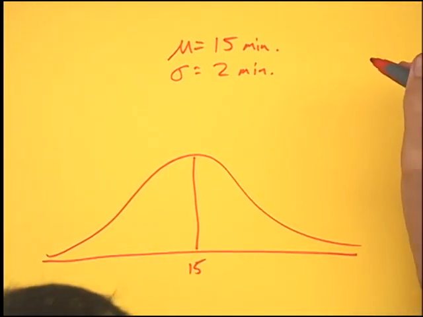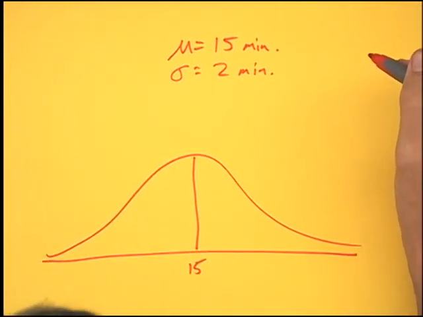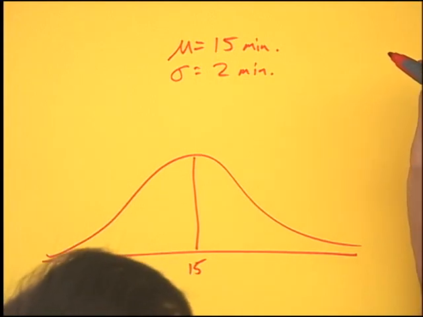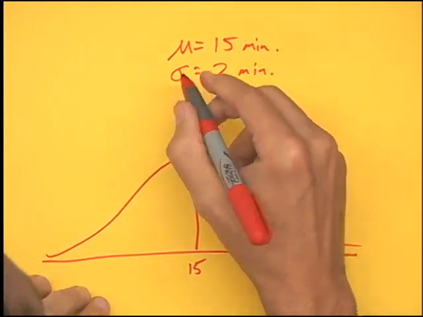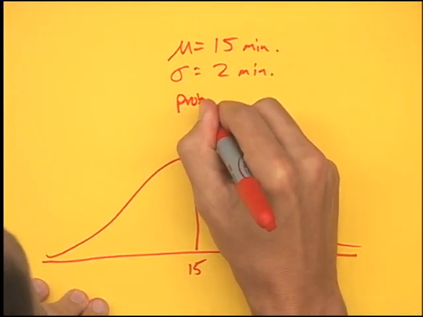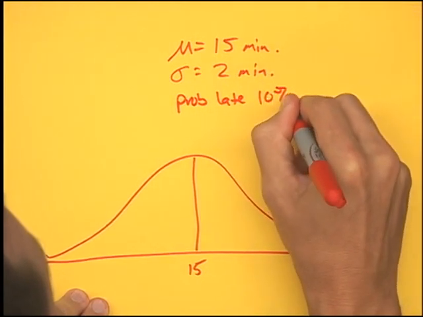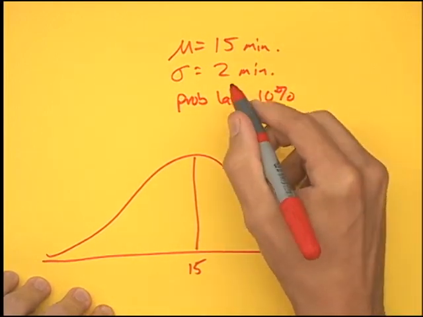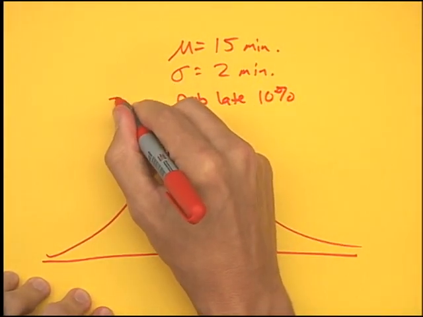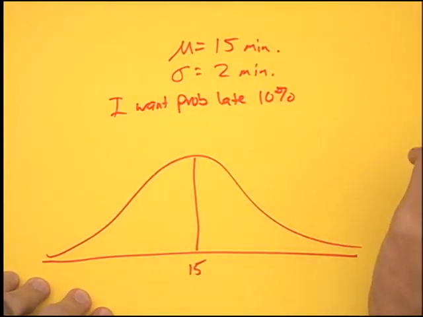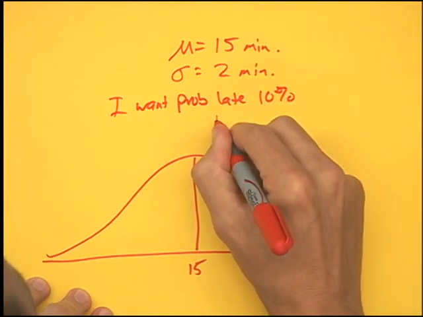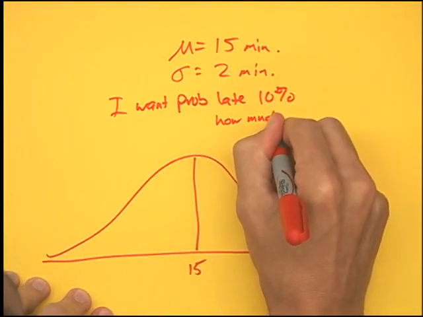Now I want to know how much time I need to allow for my probability of being late to only be 10%, all right? Okay, so this is what I want. I want the probability of late to be 10%. How much time to allow?